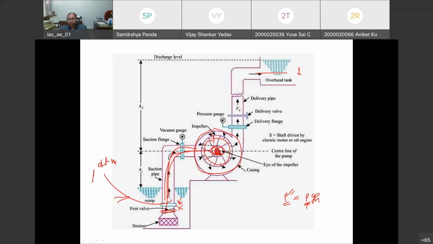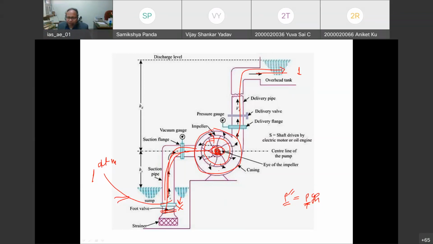Water will come here, and the process will start again as I told earlier: in the casing the impeller will rotate and water will go into the delivery line. So at the starting of the pump, priming is done to create a high level of vacuum so that the flow will start.